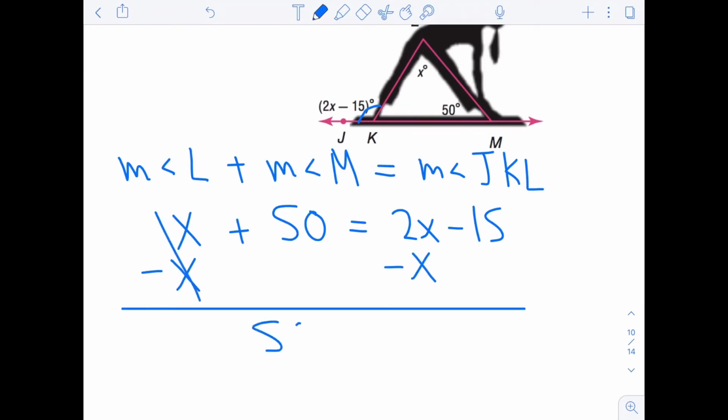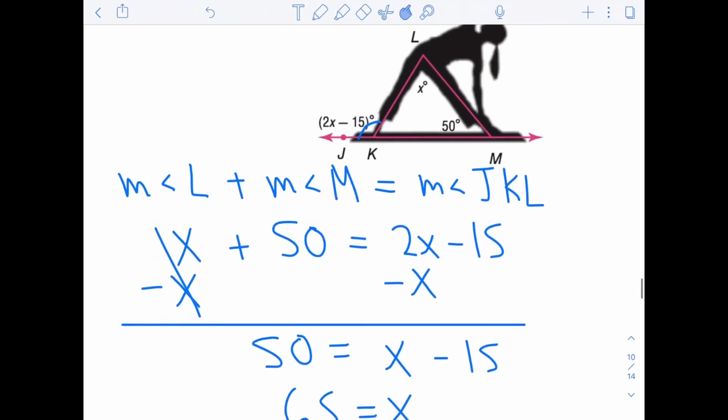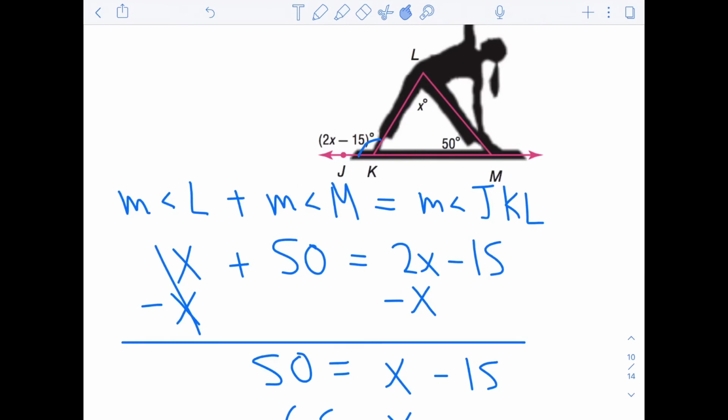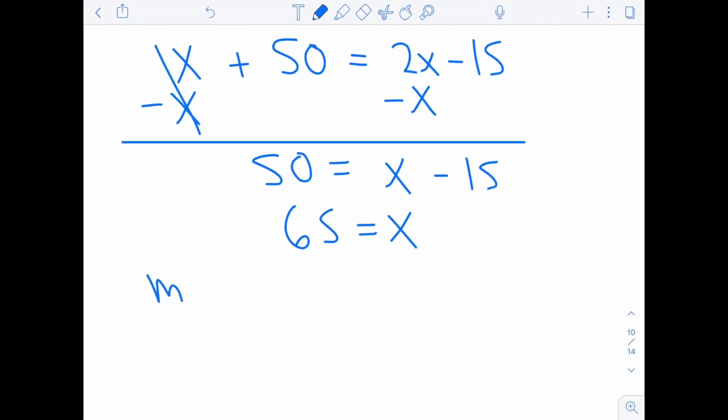So you're left with 50 equals 2x minus x, which is just x minus 15. And you could add 15 to both sides, and you get 65 equals x. But remember, we're not looking for x, we're looking for the measure of angle JKL. So why don't we plug in 65 to x and figure that out? So we know that the measure of angle JKL equals 2x minus 15 degrees.